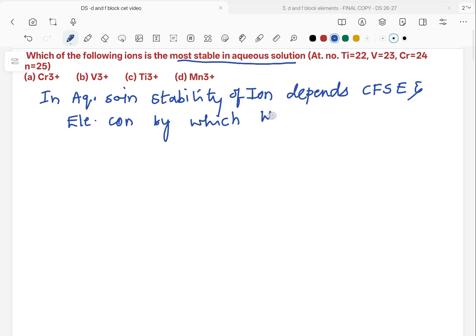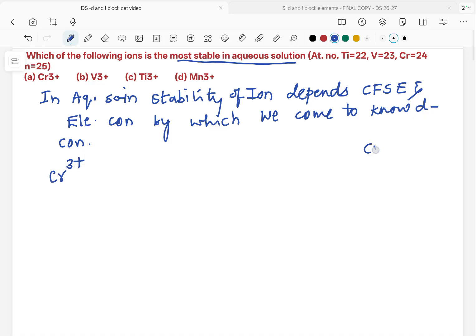We come to know the d configuration and that helps to predict the stability of the ion here. Now let's take the first option, chromium ion here.